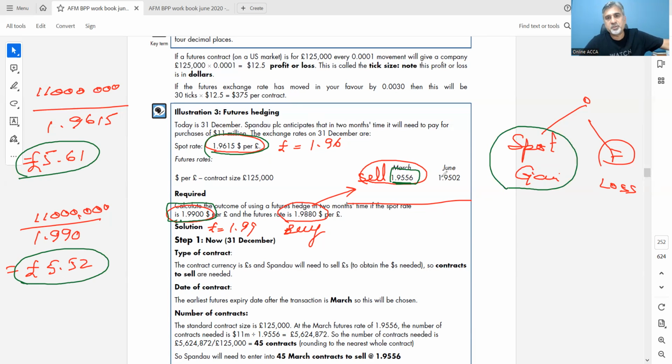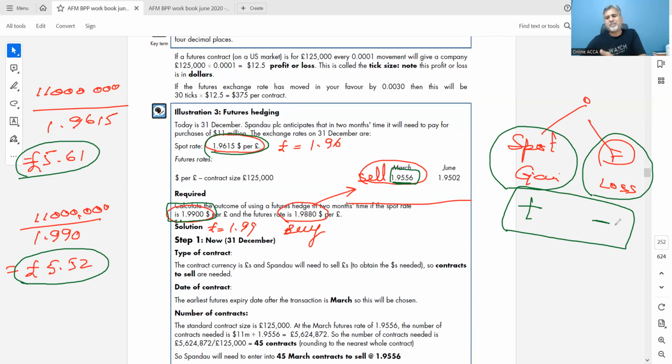But unfortunately, some of that gain will be taken away by the loss you are making on settling the future. So this is plus, this is minus. When you put this plus and minus together, you would not say minus this one.